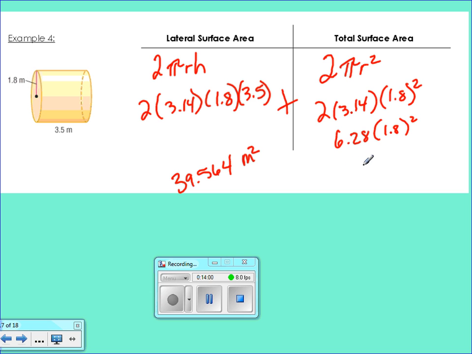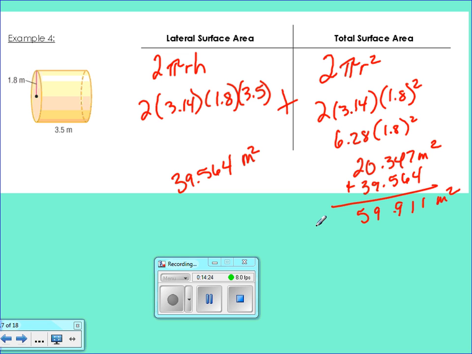It is 20.347 meters squared, and we're going to add on the 39.564. That gives 59.911 meters squared. Everybody get that? Yeah. 59.911.